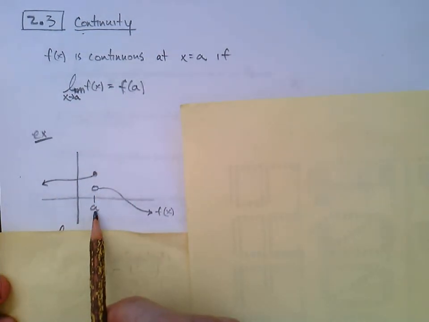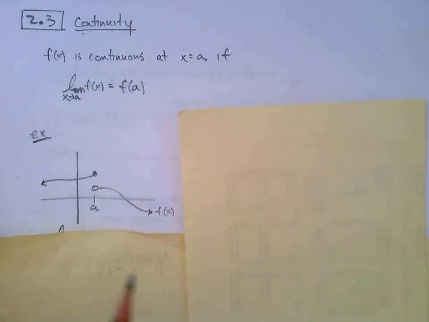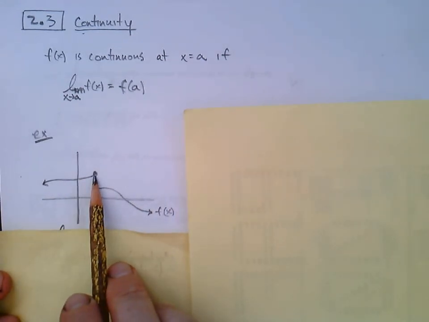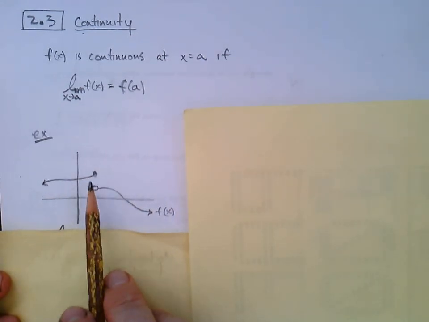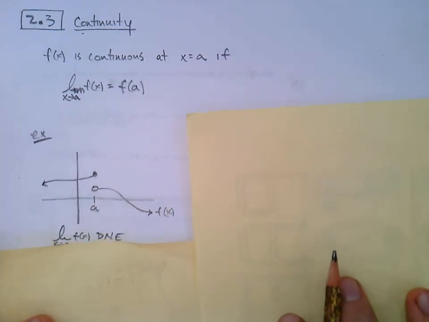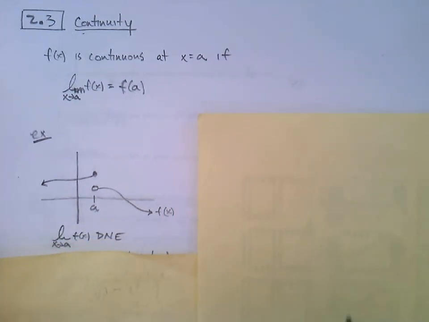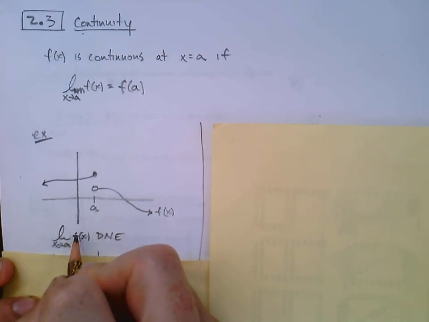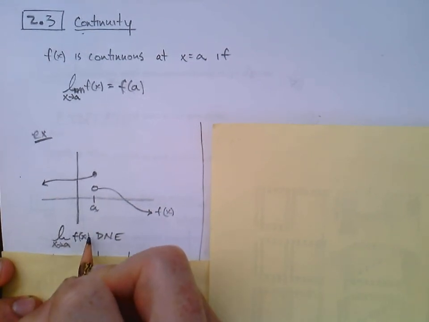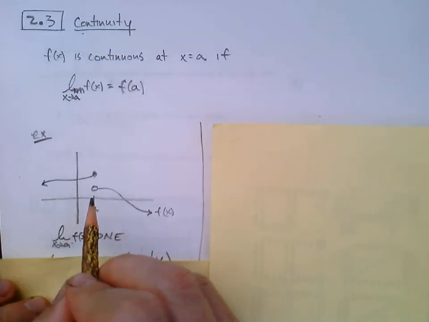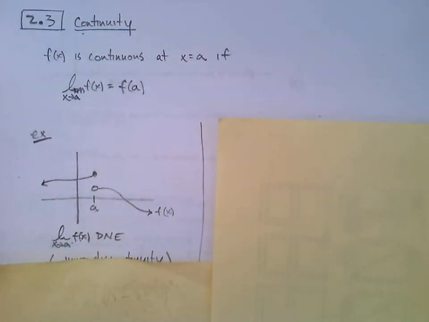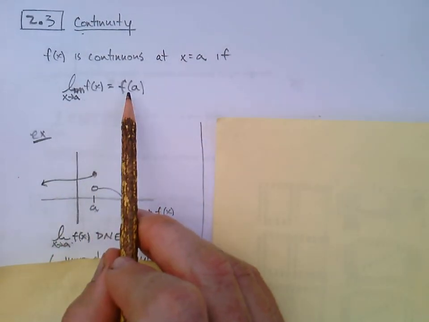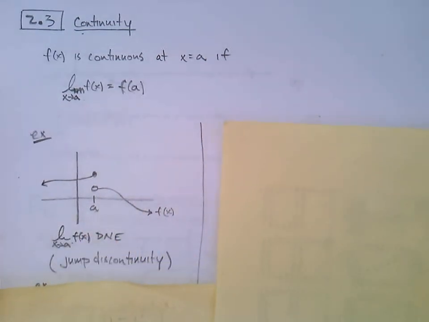What's going on with the limit there at a? You might say, well, on the left, it's going here, but on the right, it's going here. Well, if the left and the right are not going to the same place, then the limit does not exist. The limit of f of x as x approaches a does not exist, because the left side and the right side are not equal. Well, if the limit doesn't exist, certainly it can't equal anything, and so this is not going to hold, clearly.